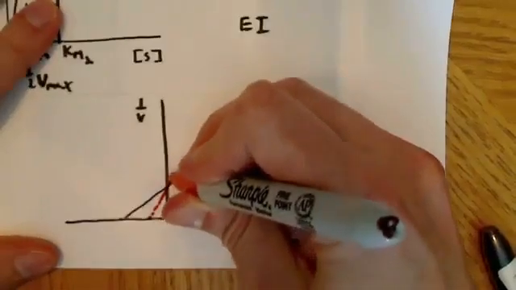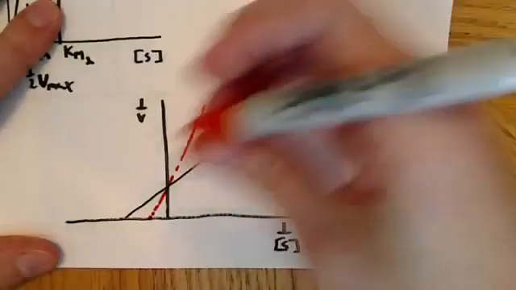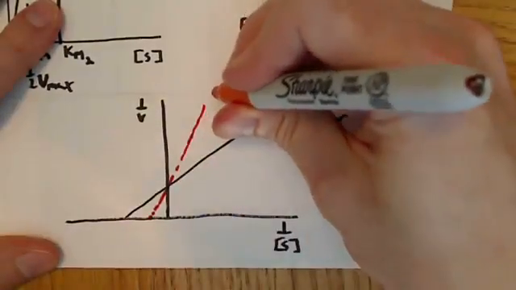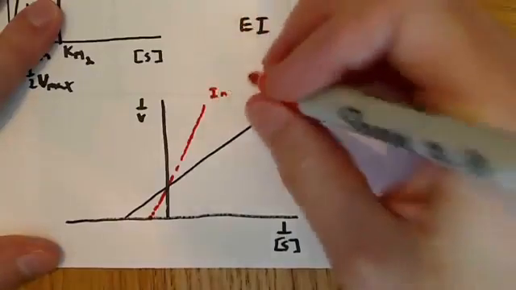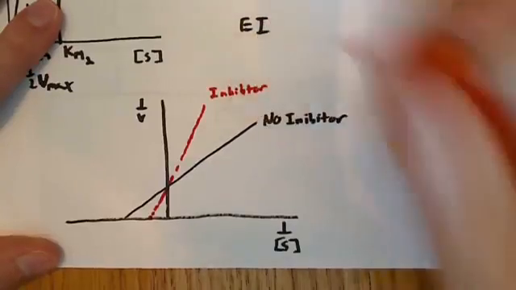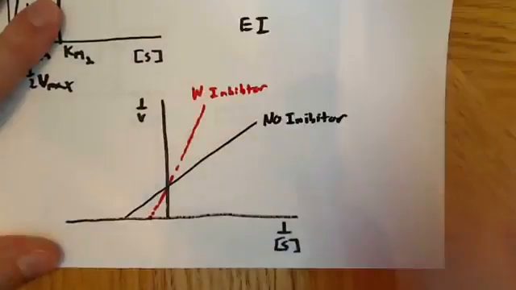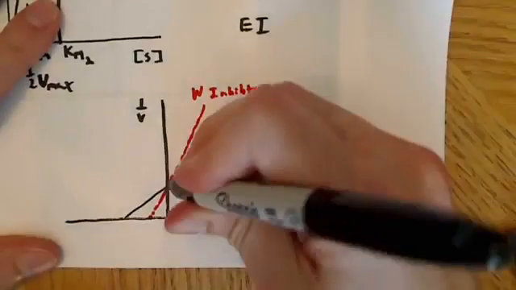So this would come right through here. And notice the slope is going to change, and that makes perfect sense. The slope is going to change because we're adding inhibitor and we're changing the Km. So maybe that's with inhibitor.